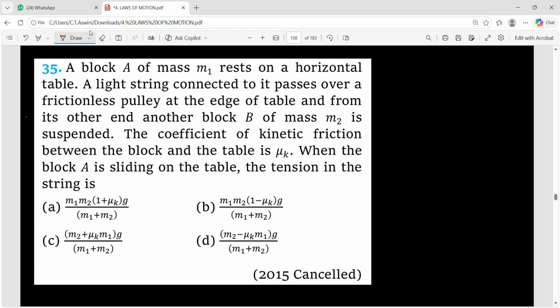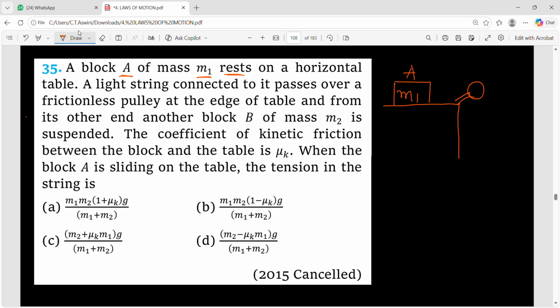See this question. A block A of mass m1 rests on the horizontal table. Let this be the table. There is a block A. Its mass is m1. A light string connected to it passes over a frictionless pulley.